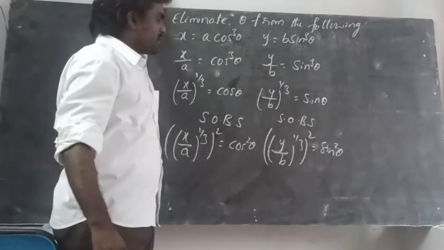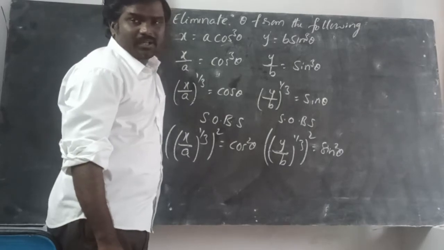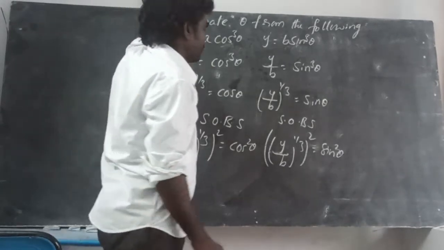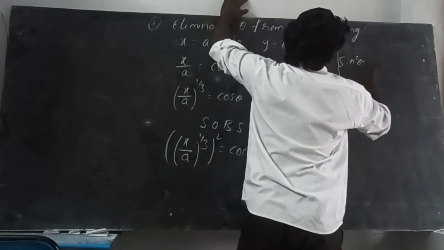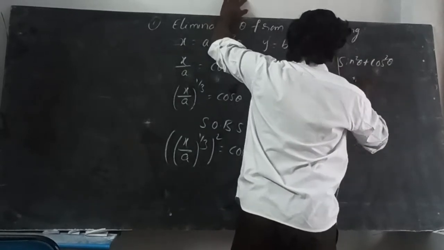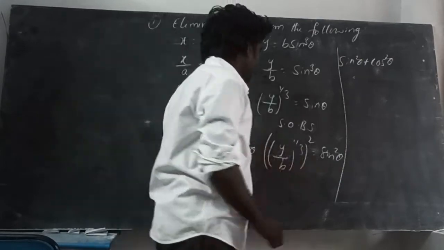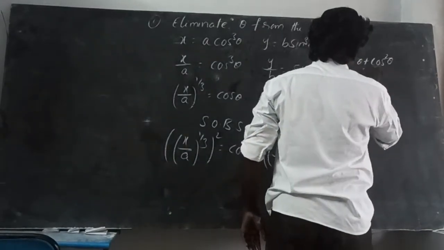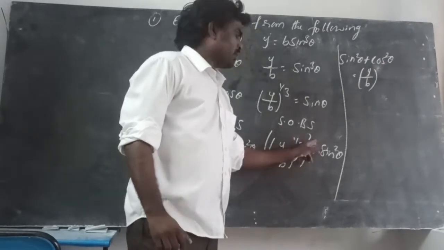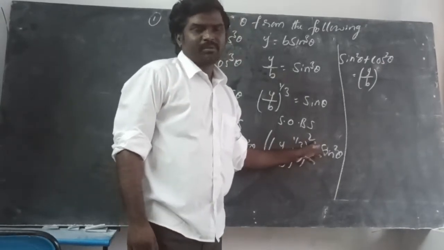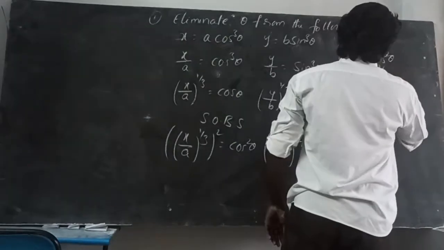Here we know one identity: sin square theta plus cos square theta is equal to 1. So sin square theta means y by b whole power 1 by 3 whole square. A power m whole power n is equal to a power m into n, so that is y by b whole power 2 by 3.